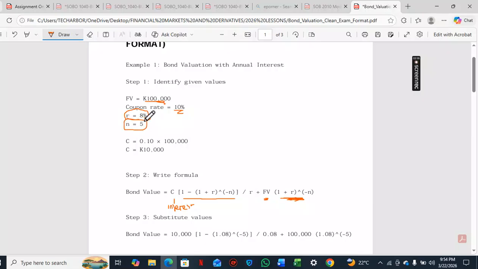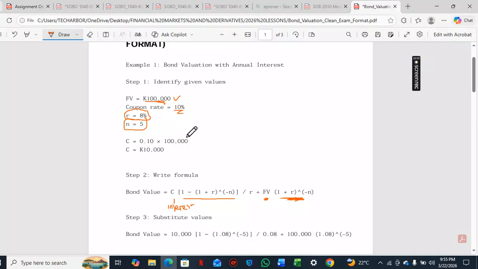So after 5 years this bond is going to mature, and when it matures you'll be paid this 100,000. Now what we need to find out is how much this bond is worth, which matures in 5 years, has a face value of 100,000 and pays an interest of 10%.